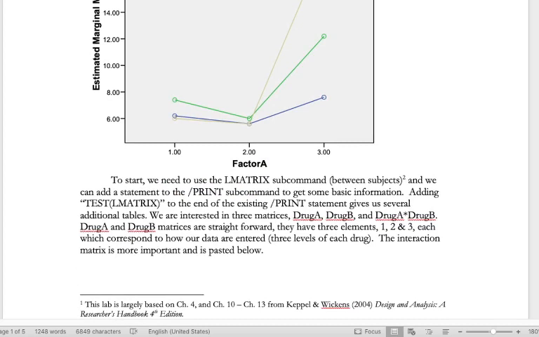So the first thing is we're going to be using something called an L matrix subcommand. Basically, to do these contrasts, we can't use the point and click menus like we've done up to this point. Instead, we have to go into the syntax and write some syntax for it.